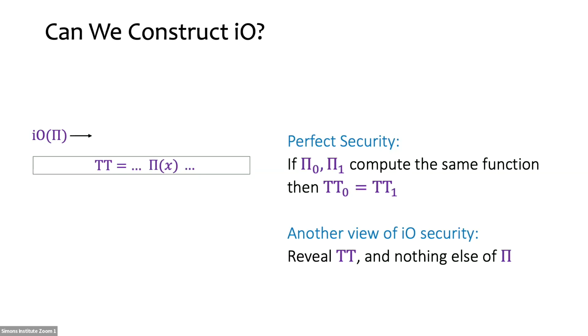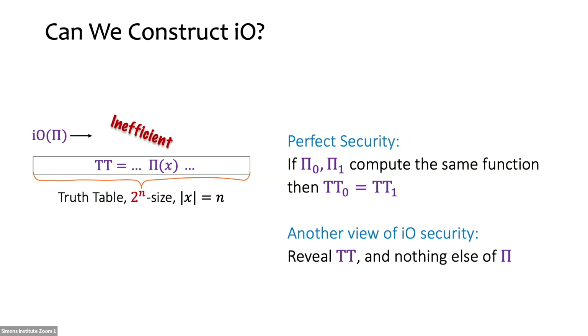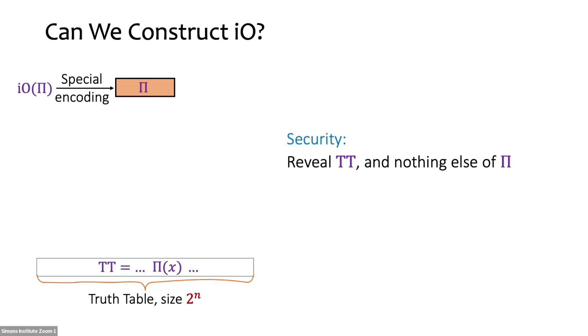Obviously, the problem is that this approach is inefficient. The truth table is exponential in size. We cannot produce it. Therefore, the task of IO is to come up with some kind of special encoding of this program, which I will represent graphically as a box with the program written inside, and the box is opaque. Opaque means that you can't really see the program encoded inside. Given this special encoding, we can evaluate an arbitrary input x to obtain the output pi of x in the clear.